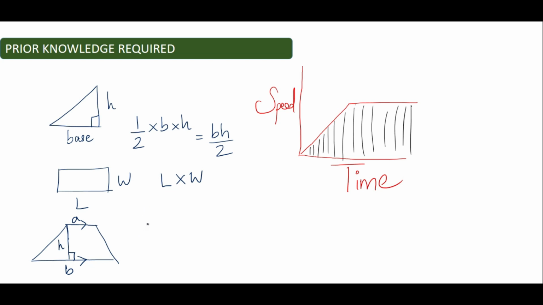Then the area is given by half times height multiplied by the sum of the length of the parallel sides. Or you can even write it as h over 2 times a plus b.